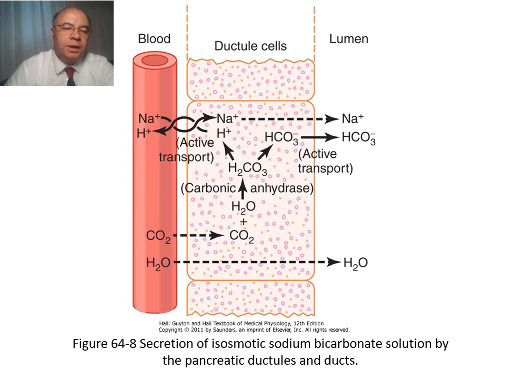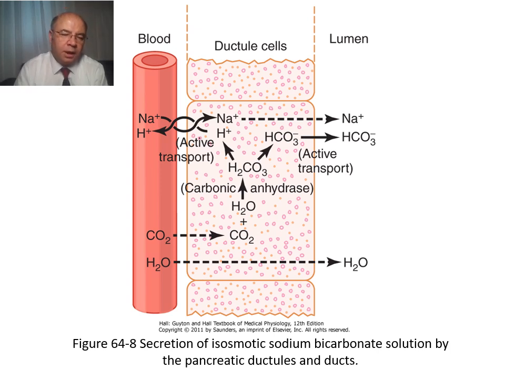When hydrogen is exchanged with sodium, sodium is secreted into the lumen with bicarbonate, so that sodium bicarbonate, or bicarbonate-rich, basic, or alkaline secretion of the pancreas is formed in this way.